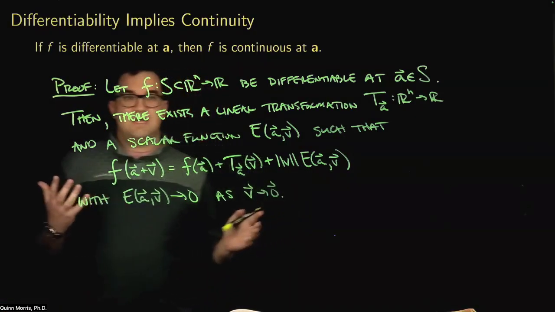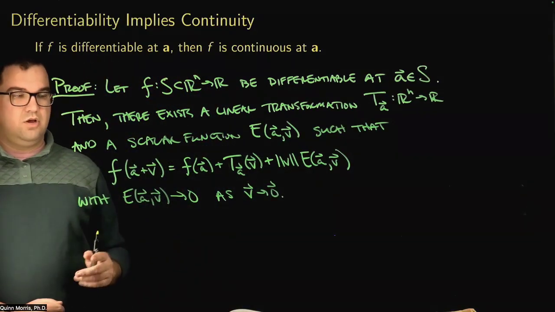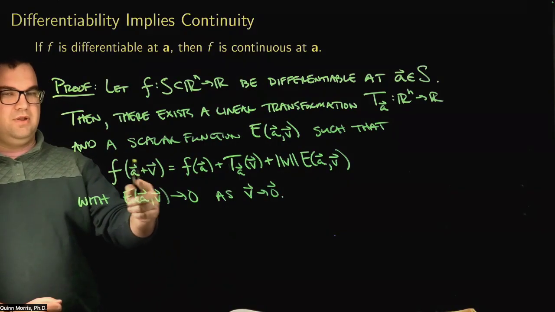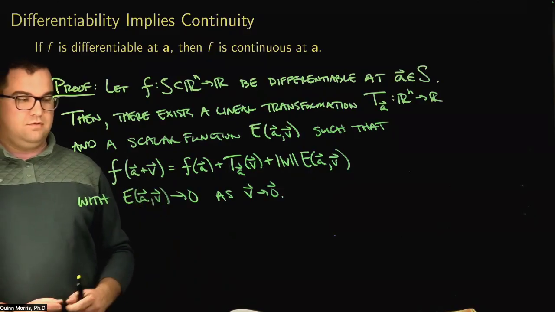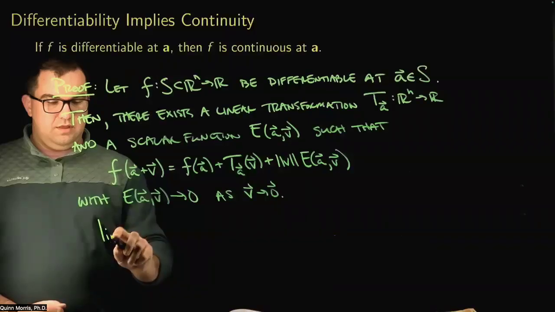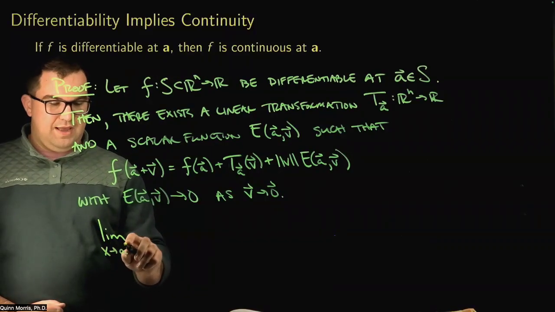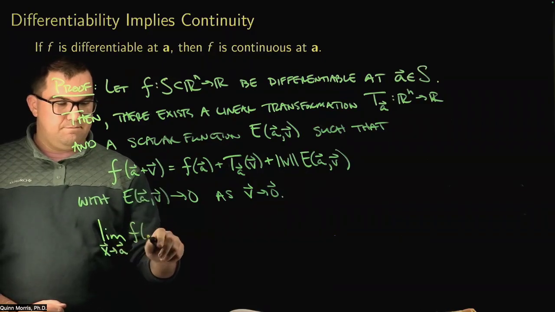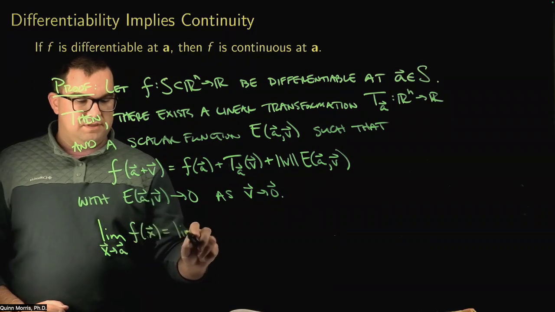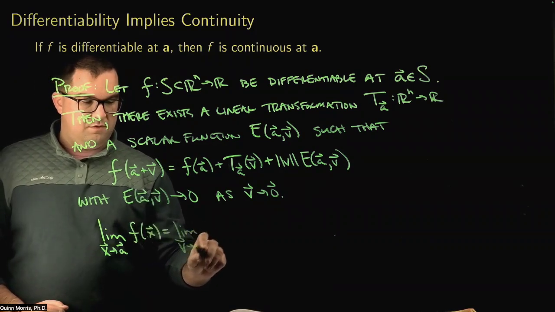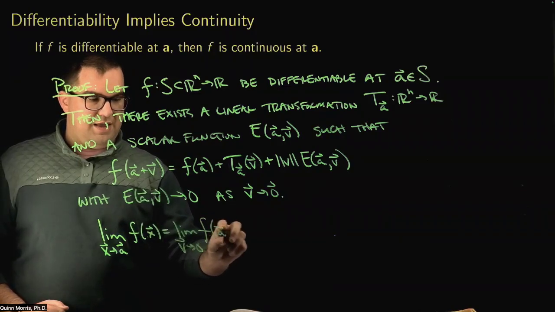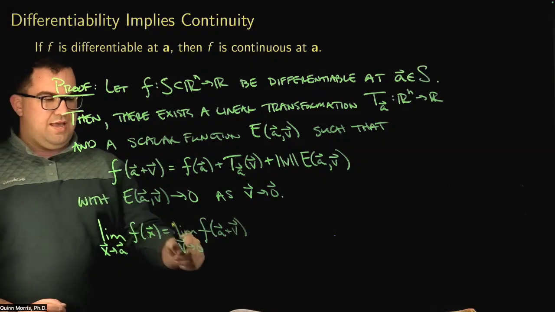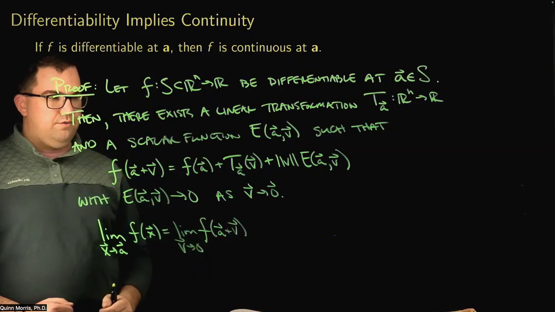All right, so now let's just take a limit of each side as V goes to 0. Notice that as V goes to 0, that's really like saying this input here is going to A. So the limit as x approaches A of f of x is really the same as the limit as V goes to 0 of f of A plus V. As x goes to A, that's the same as V going to 0 here.